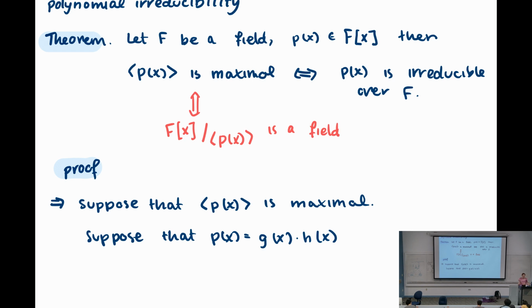So let's suppose that this is some factorization of P over F. Then what do we need to show? We need to show that no matter what, one of these two is a unit. Let me also remark that throughout this, we can assume that P is non-zero, since it generates a maximal ideal. The zero ideal isn't maximal, so P(x) is not 0.